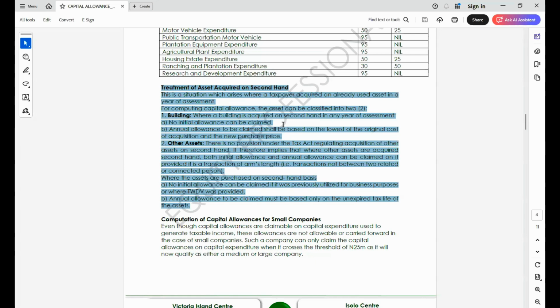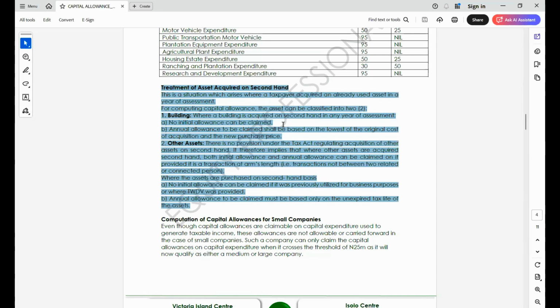please, land is not available for capital allowance claim. Who can tell me why we are not going to claim capital allowance on land? Land does not have an estimated useful life. Land does not depreciate.